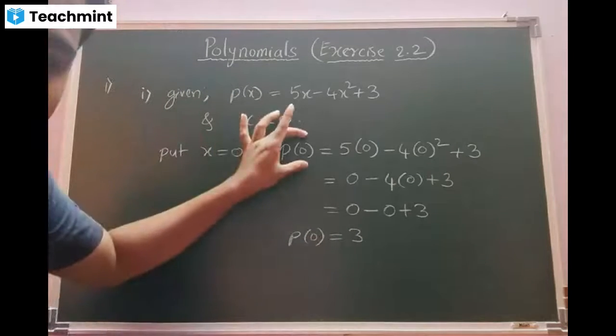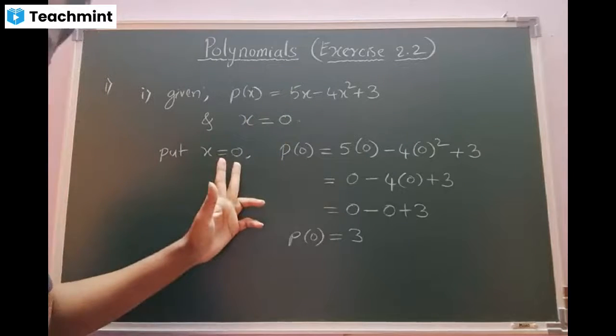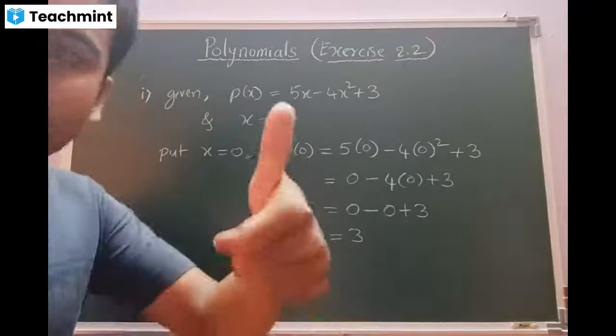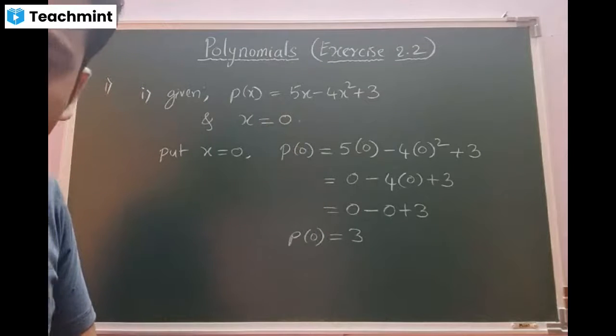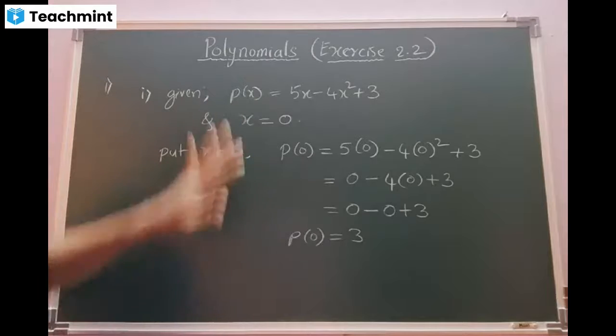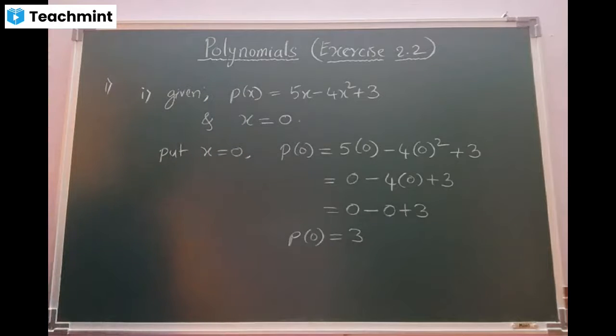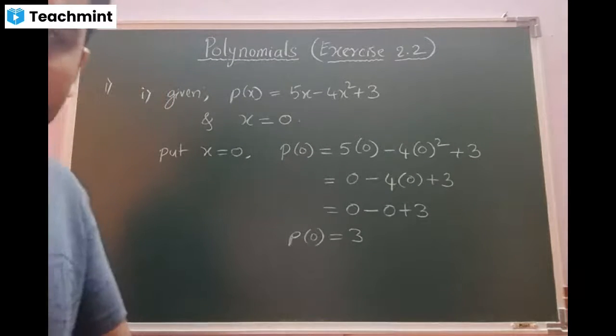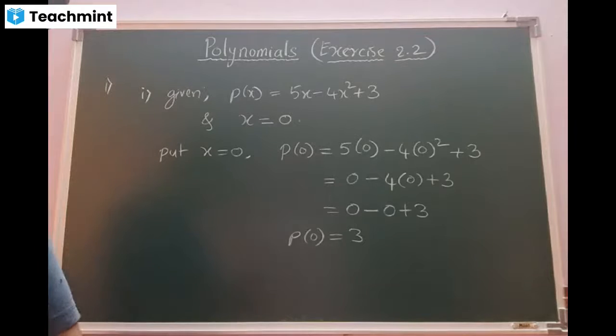P of 0, that is when x is equal to 0, whenever you put it here, you are going to get the value as 3. Is that clear? Yes, sir. Copy fast. Do it quick. Copied, sir.